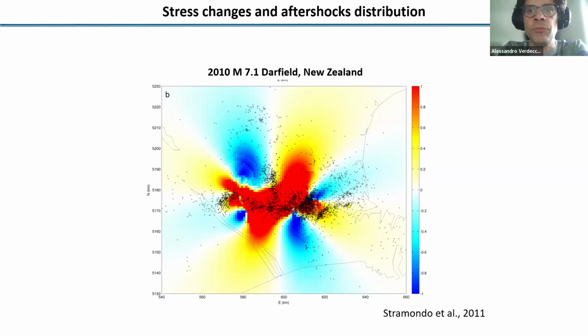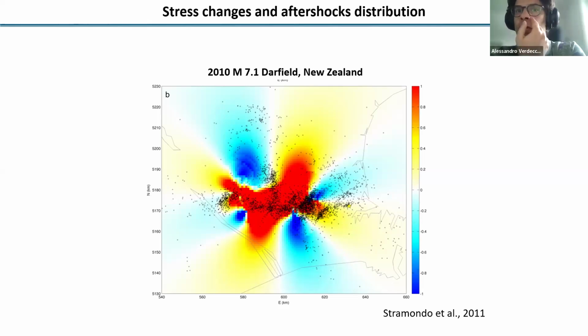This is an example from the Darfield earthquake that occurred in 2010, a magnitude 7.1 in New Zealand. You can see the distribution of aftershocks, the black empty circles, with the distribution of stress changes.